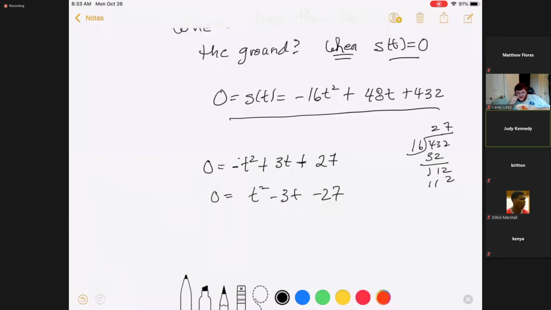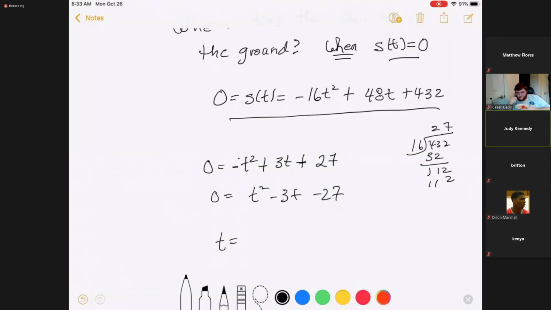And let's see. I'm not sure that factors. I don't think it factors very nicely if it does. 9 times 3. No, so you can get 3 out of that. Okay, quadratic formula.